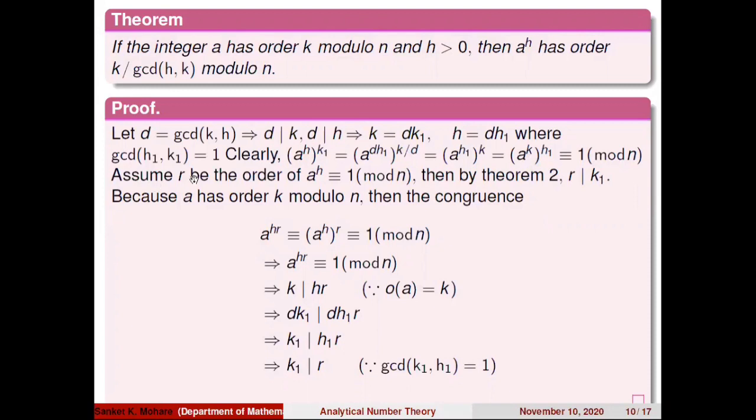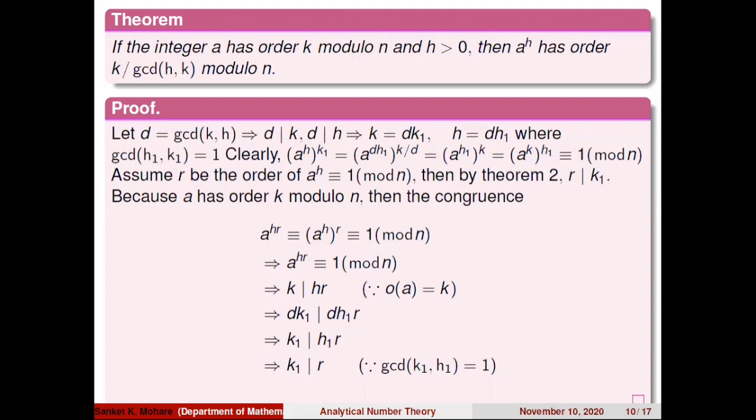Now let's assume R is the order of A to the power H. Here I am assuming R is an order of A to the power H. So by the definition of order of an integer A modulo N, (A to the power H) to the power K1 is congruent to 1 modulo N. Then by theorem 2, R divides K1. Theorem 2 is what we discussed in yesterday's lecture. What was that theorem?